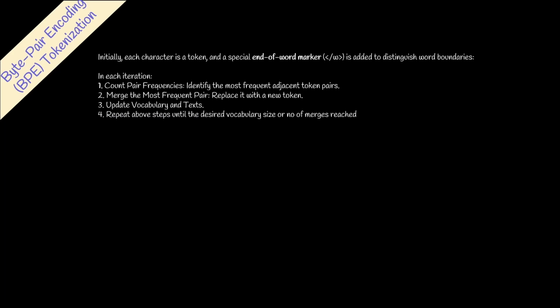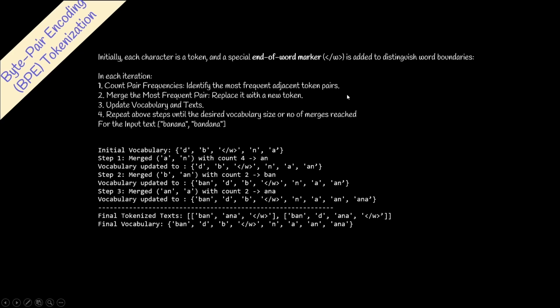Let's say we have input text banana and banana. The initial vocabulary is this, which is having all the characters of this text. Now in case of step 1, we see that the most frequent pair is A and N, with count 4. Then we'll merge this and we'll update the vocabulary with a new subword. In the second step, the most frequent pair is BAN.